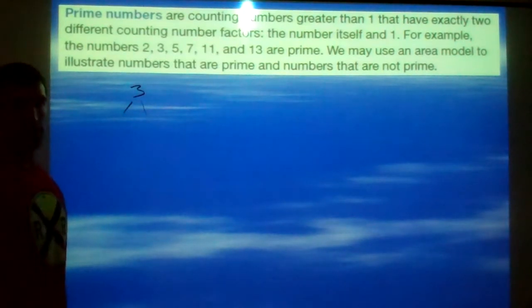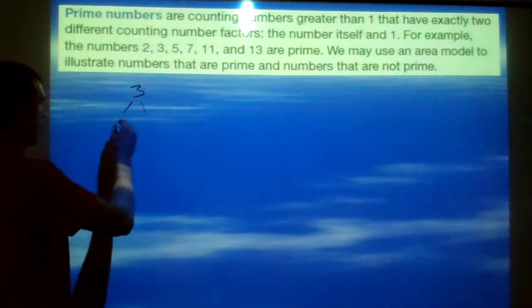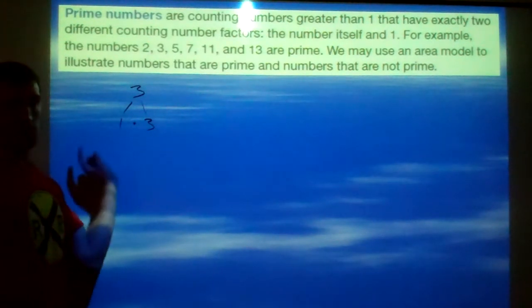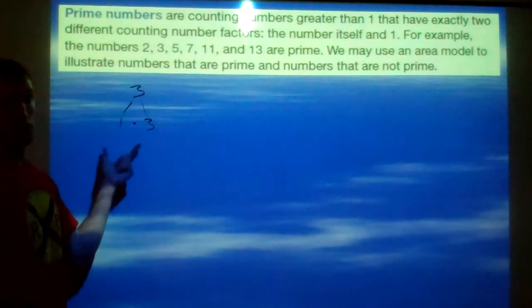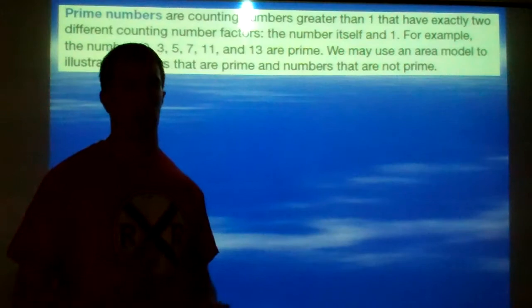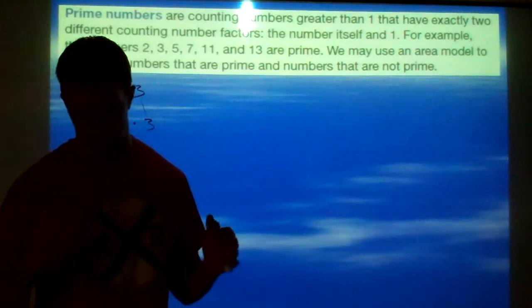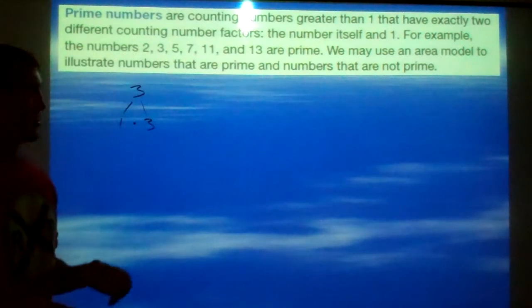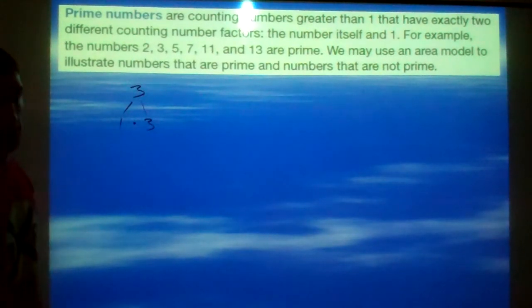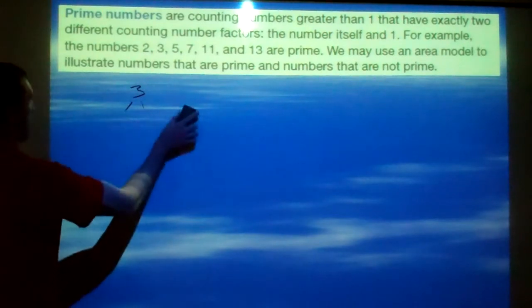The only factors that go into 3 are 1 and 3. Those are the only 2 numbers we can multiply together that are counting numbers anyway to get 3. So we're not including decimals or anything like that. So the only counting numbers that we can do to get 3 would be 1 times 3. That's why it's prime. There's nothing else that will divide it evenly.